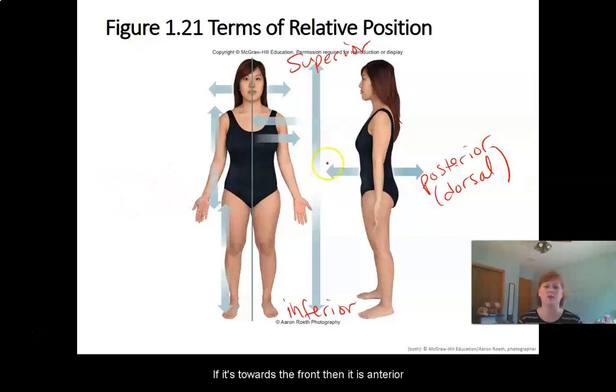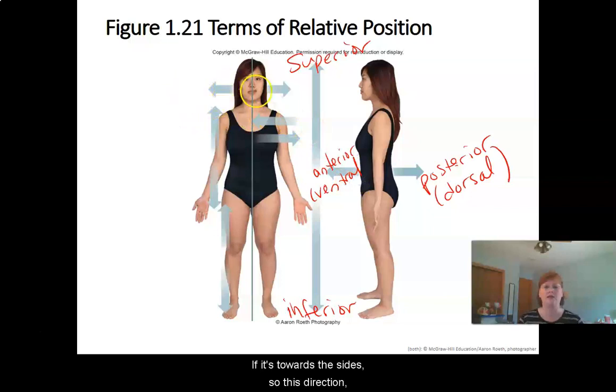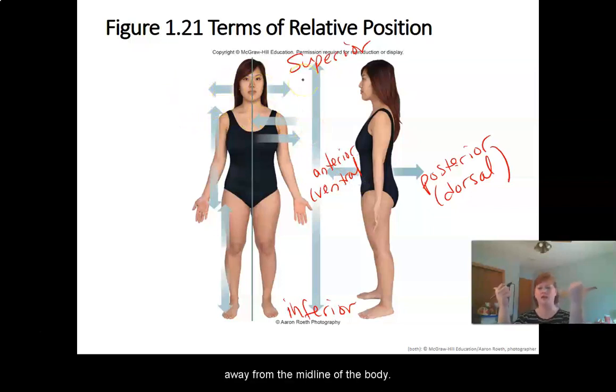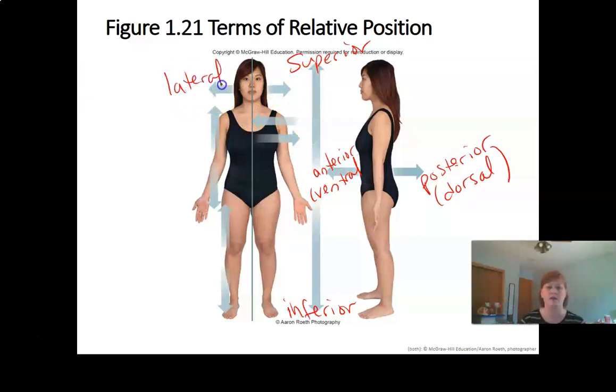If it's towards the front, then it is anterior or ventral. If it's towards the sides, so this direction, away from the midline of the body, then we say that it is lateral. If it is towards the midline of my body, then we say that it is medial.